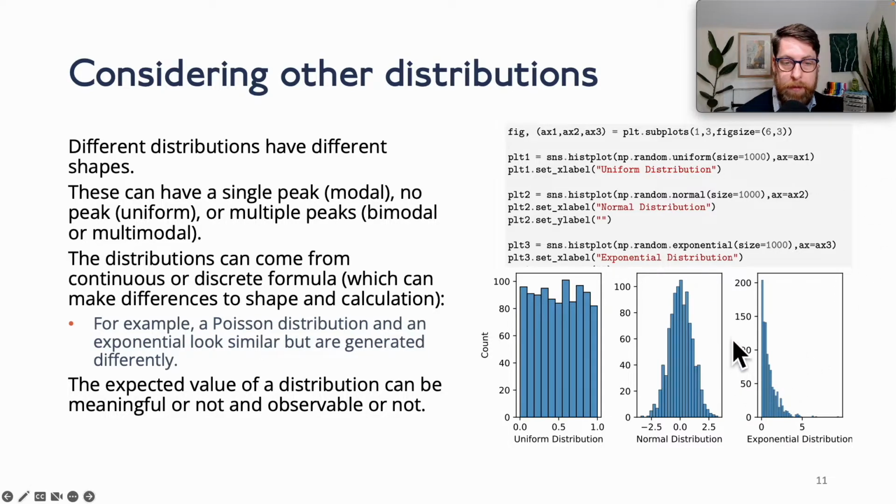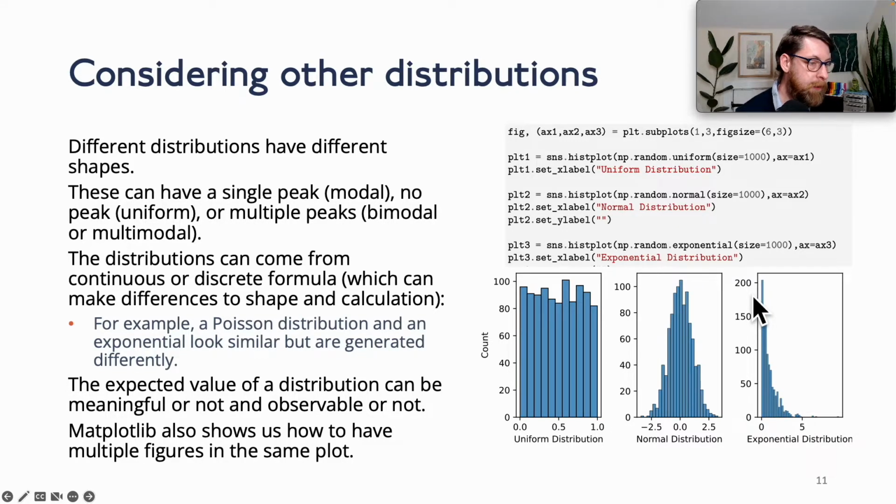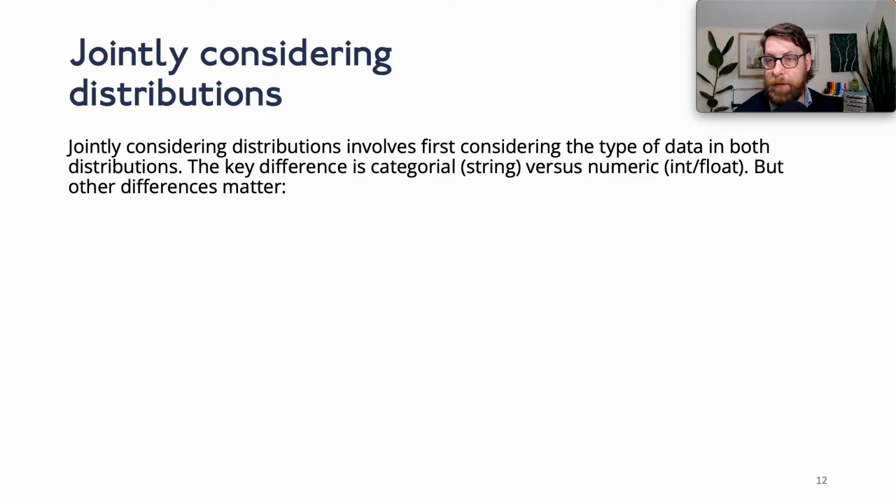And for some people, you might send a message or two, but you still care about them. They're weaker ties, and they just don't get the same sort of contact. So matplotlib shows us how to have multiple figures in the same plot. Mention that, and there are some baseline distributions.